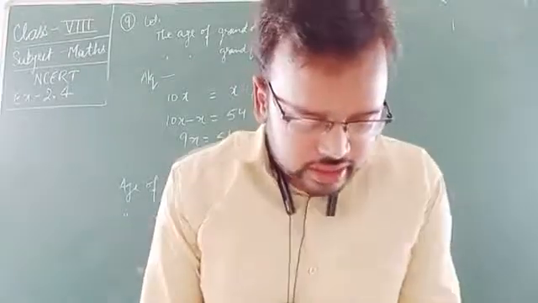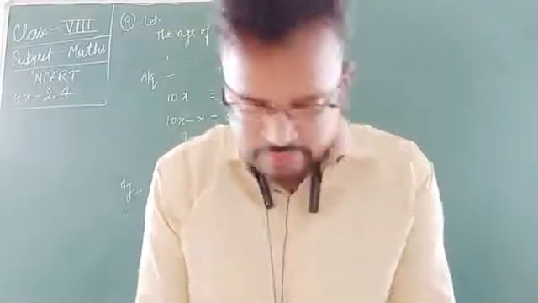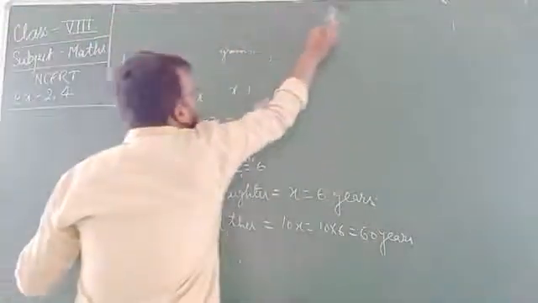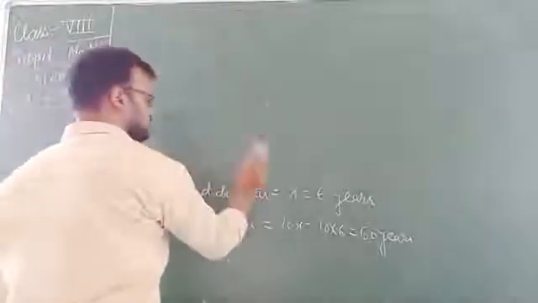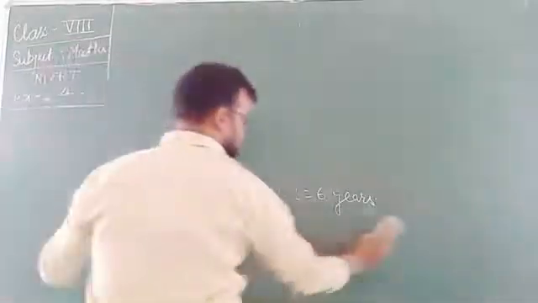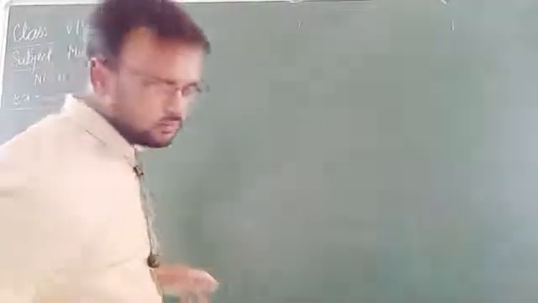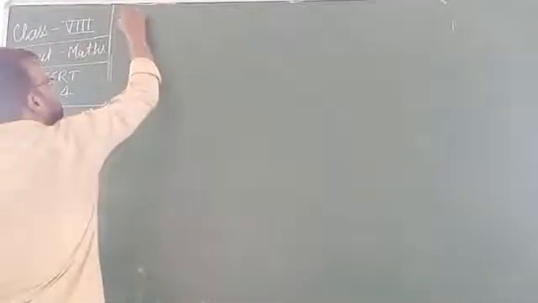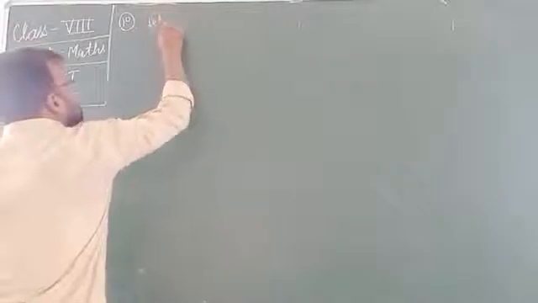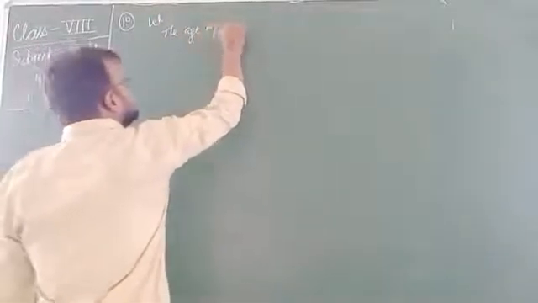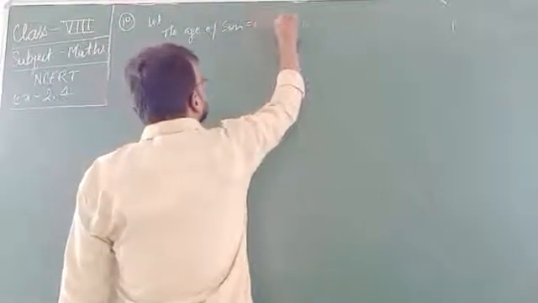Aman's age is 3 times his son's age. Let the age of the son equal x years.